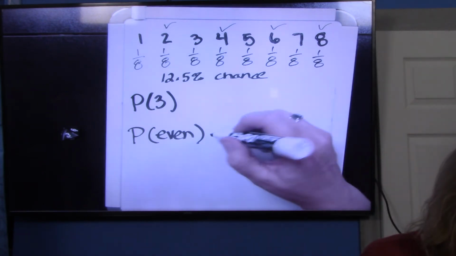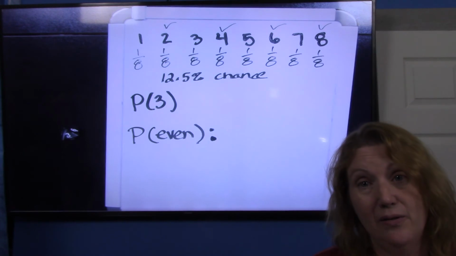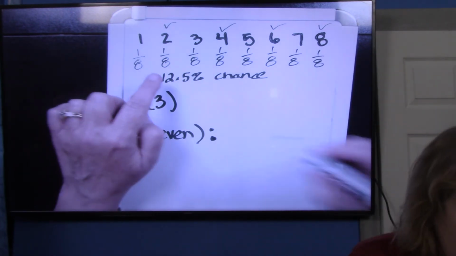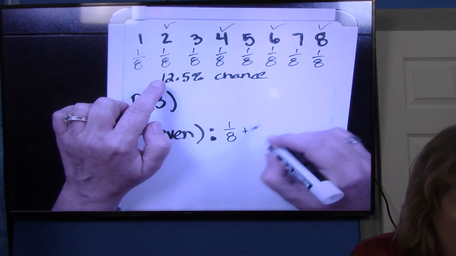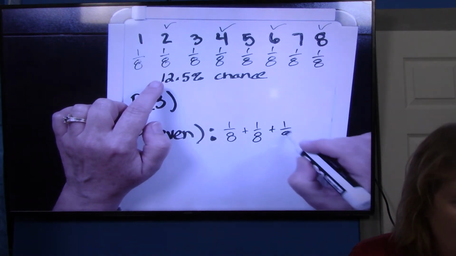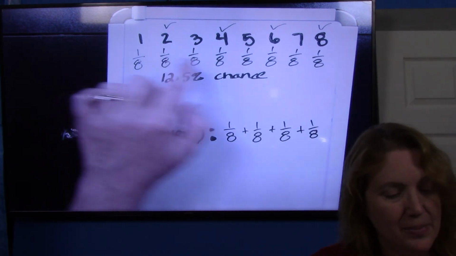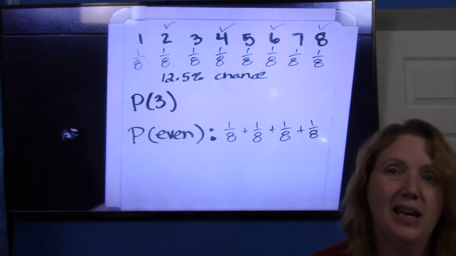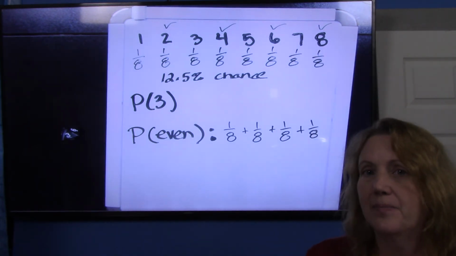So if I were to take a guess at what the probability was that I would get an even number, I would say I'm going to have 1/8 plus 1/8 plus 1/8 plus 1/8, because there are 4 possibilities that I have, and each of those possibilities are 1/8.